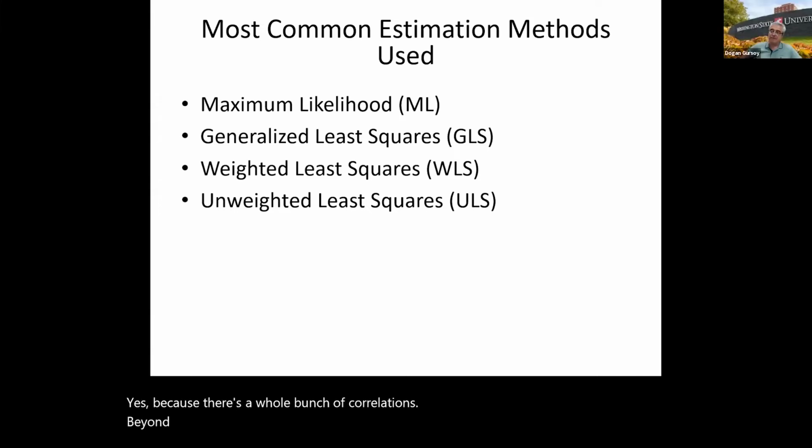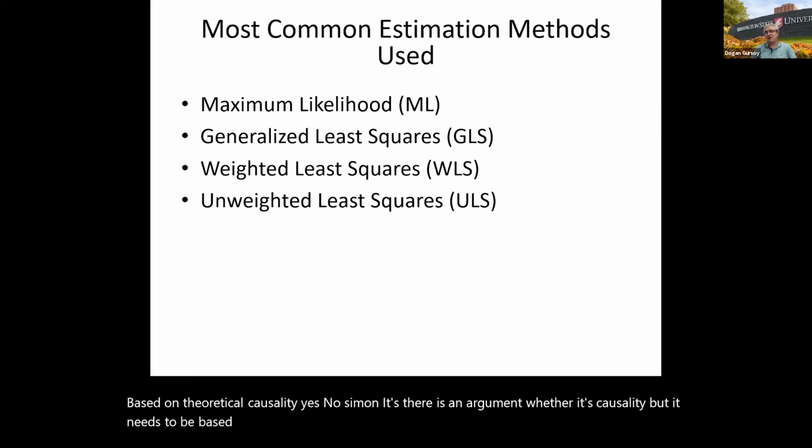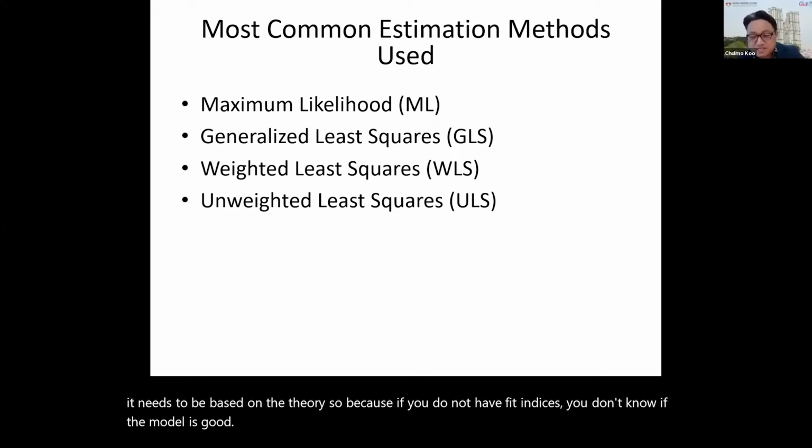Simply a little advanced beyond the regression model. But actually, the benefit of a structural model is modeling based on theoretical causality. Yes. No, there is an argument whether it's causality, but it needs to be based on theory. Because if you do not have fit indices, you don't know if the model is good. Yes, that's what I'm talking about.